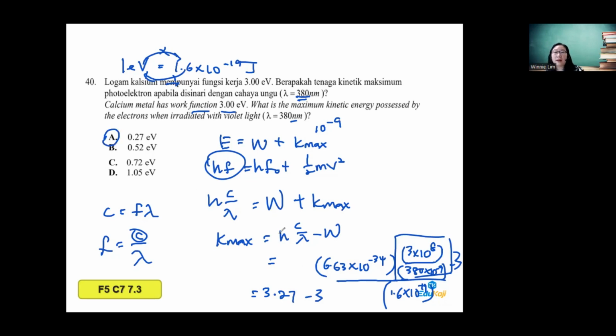I repeat, when you calculate this, the result is in joule, so you need to change joule to electron volt. So you divide, and then you're supposed to get 3.27. Actually, it's not so complicated. It's just that because they are in the unit of eV, most students are not familiar, as you always use the unit joule.